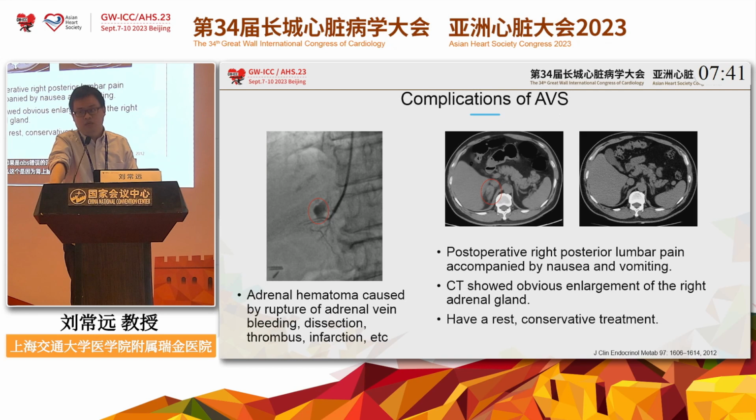In the AVIS study, the prevalence of these complications was only about 0.7%, and it may happen more often in the right adrenal vein than the left adrenal vein.